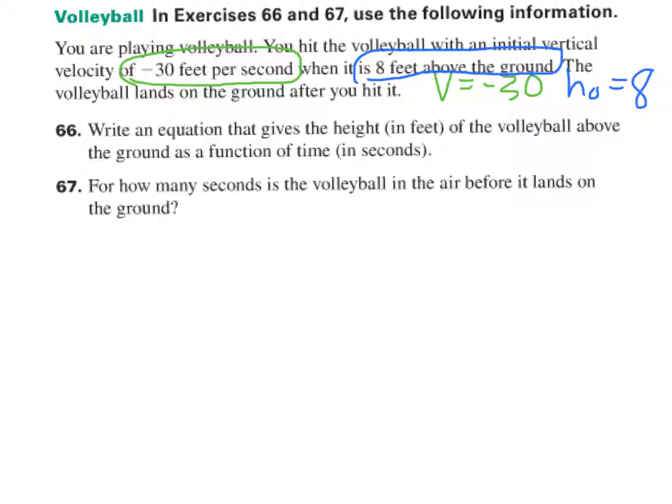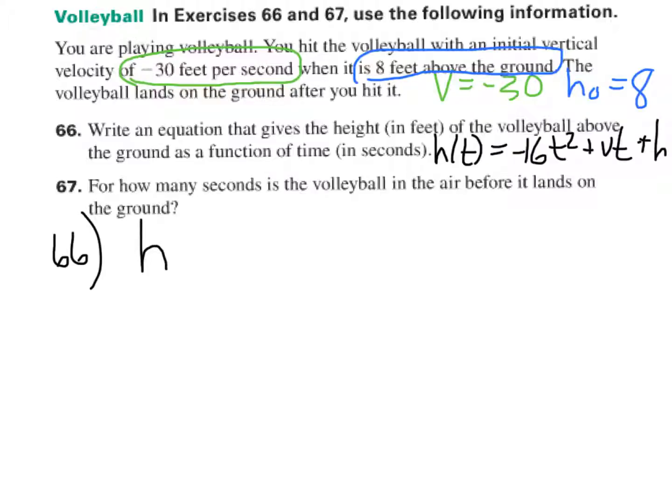Okay, number 66 wants us to write an equation that gives the height in feet of the volleyball above the ground as a function of time. That just means use the formula we just looked at, which is h of t equals negative 16t squared plus vt plus h. So all you have to do for number 66 is plug in the information. h of t is just function notation.